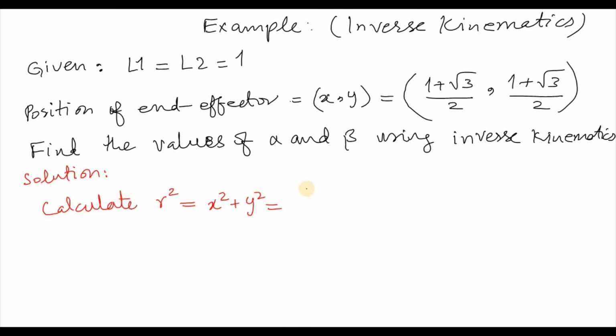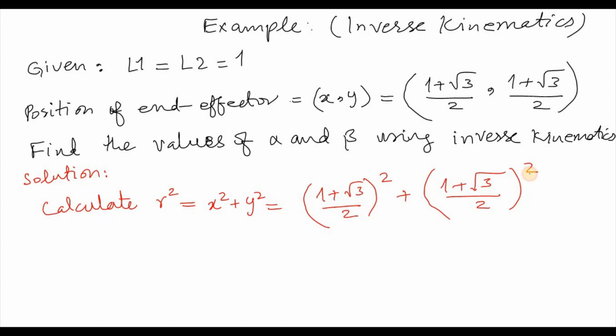So instead of using the square root of x squared plus y squared, we can directly use x squared plus y squared. So our x value is 1 plus under root 3 by 2 square plus 1 plus under root 3 by 2 square. So which comes as 2 plus under root 3. So now we have r square.